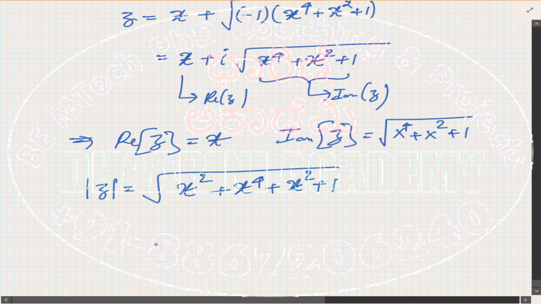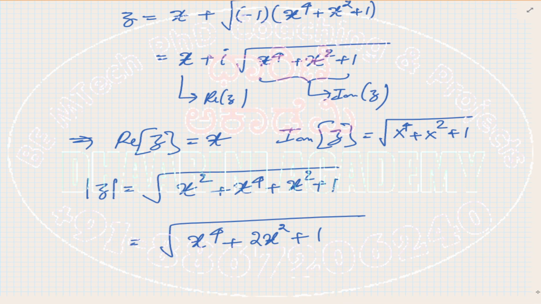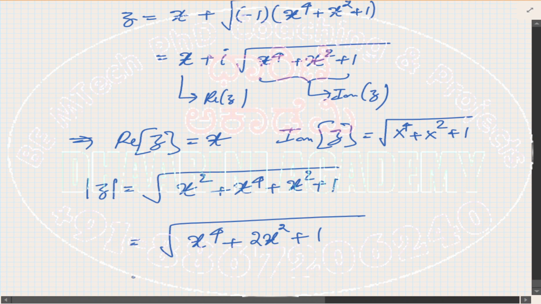Right, so this is equal to, we can simplify. This is x to the 4 first, I'll write, plus 2 times x square plus 1. Correct. So this means this is equal to, we can further simplify.